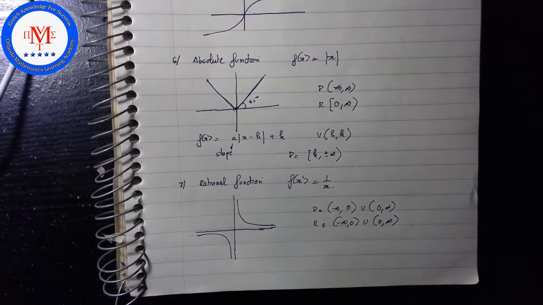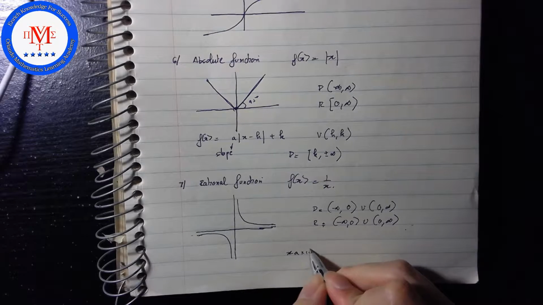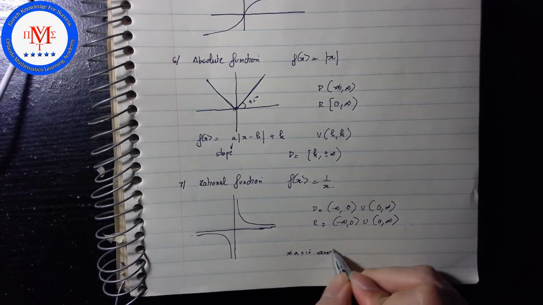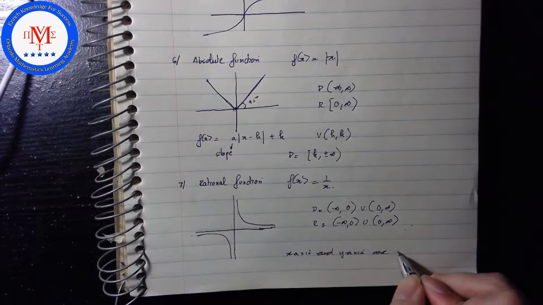The x-axis and y-axis are asymptotes of the basic rational function.